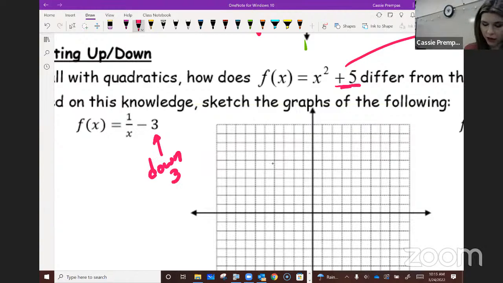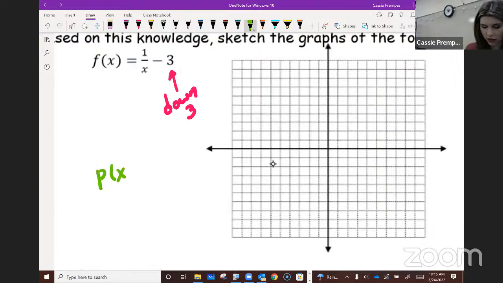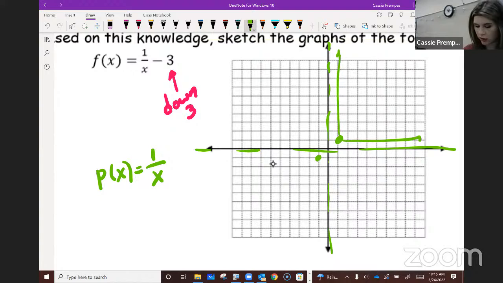Let's graph that parent graph again. p of x is 1 over x. So I'm going to go ahead and sketch x equals 0, y equals 0, the points (1, 1) and (-1, -1). And I know the graph looks like this. Now I keep telling you guys start with the asymptotes. Which asymptote is going to move here?